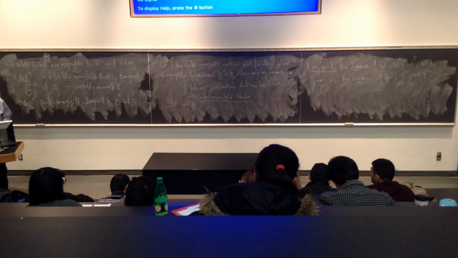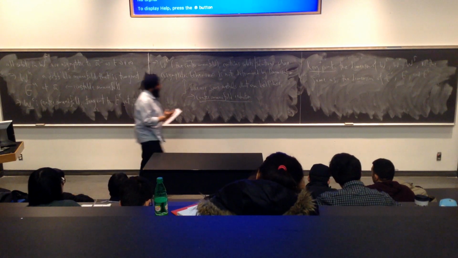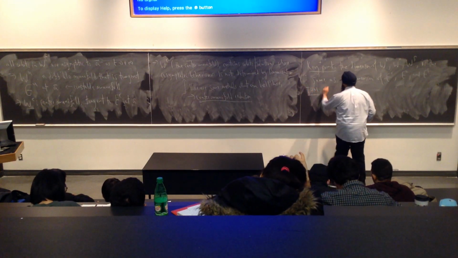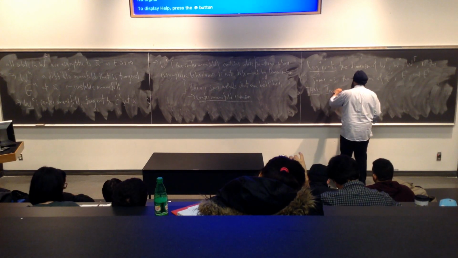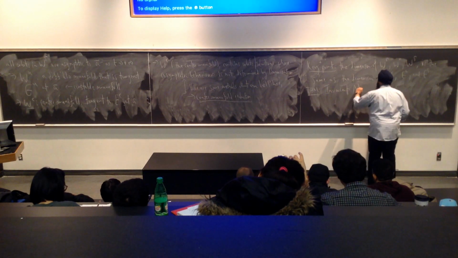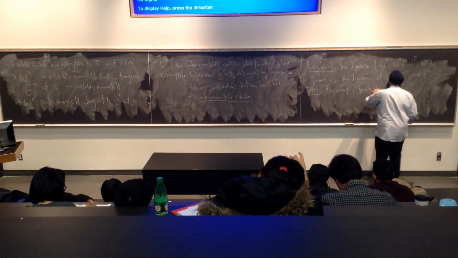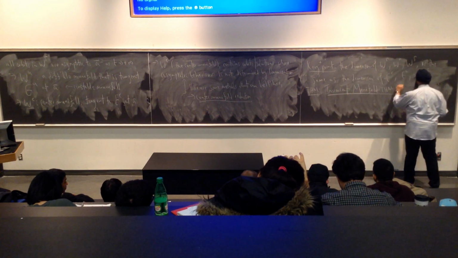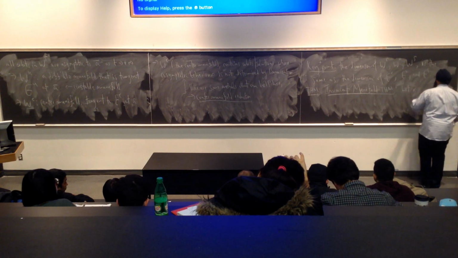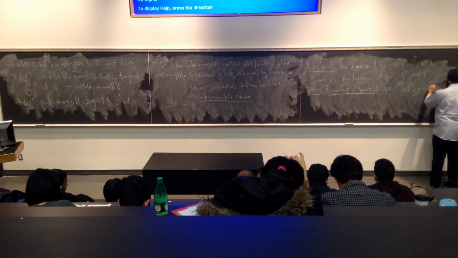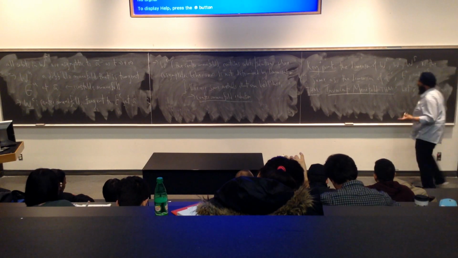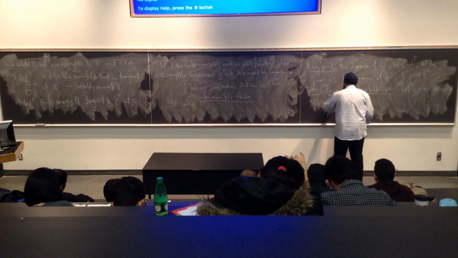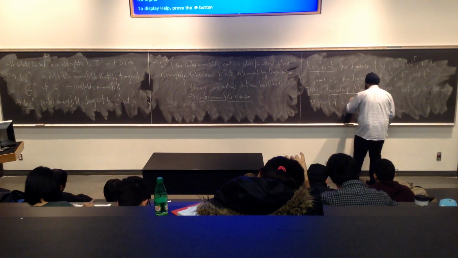Okay. And that leads us to the following theorem, which is called the invariant manifold theorem. It says the following. Let x equals A be, once again, an equilibrium point of x prime equals f of x.